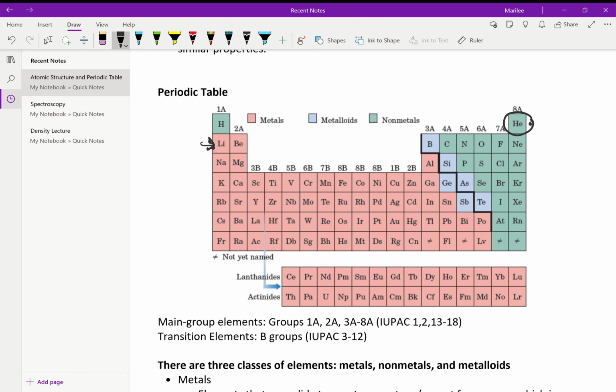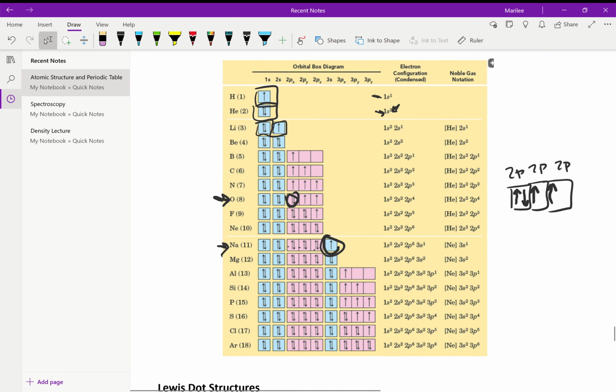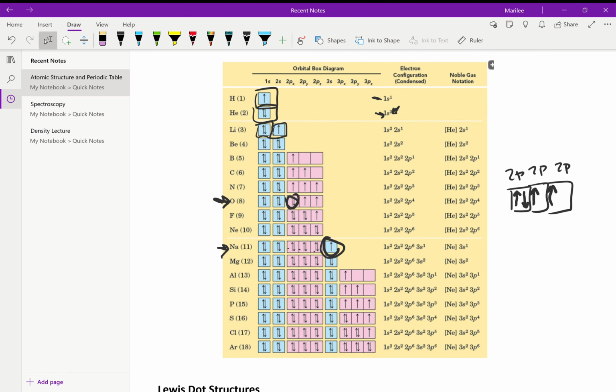Or if we do, let's say, calcium, right? Calcium would be argon plus 2 electrons. So that's how the noble gas notation goes. So here they put helium and the neon for you.